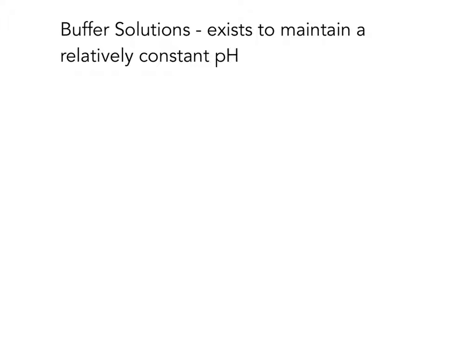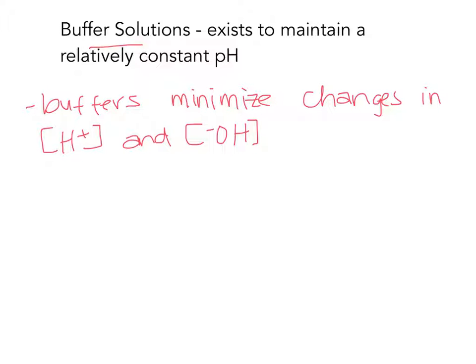The presence of substances called buffers allows biological fluids to maintain a relatively constant pH despite the addition of acids or bases. A buffer is a substance that minimizes changes in the concentrations of hydrogen and hydroxide ions in a solution.